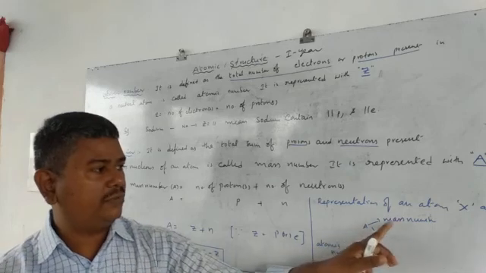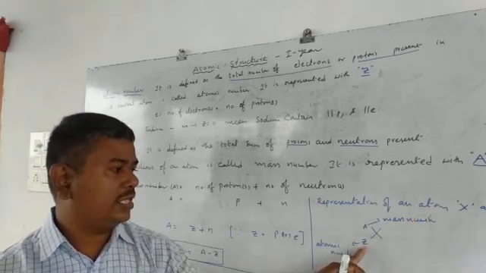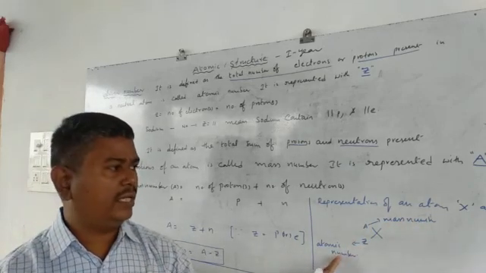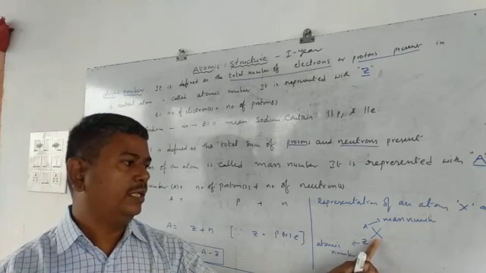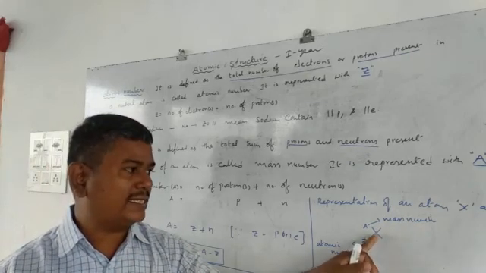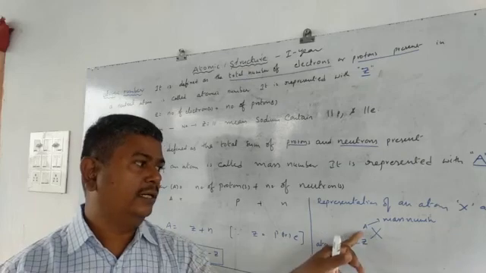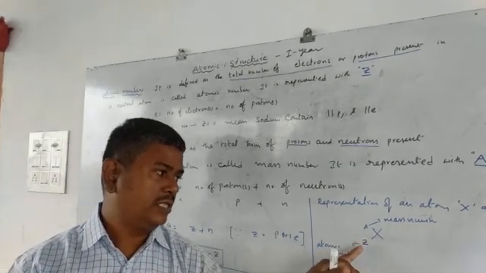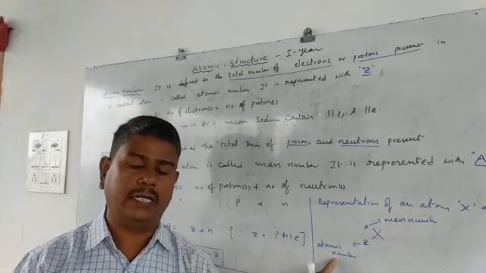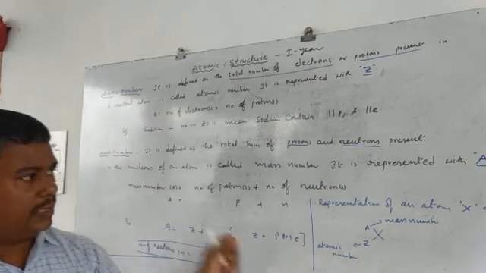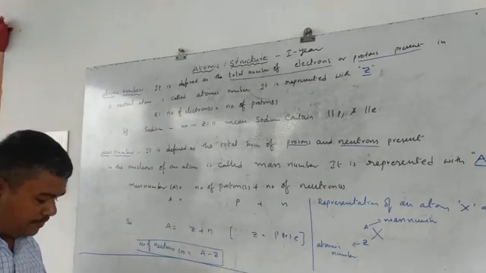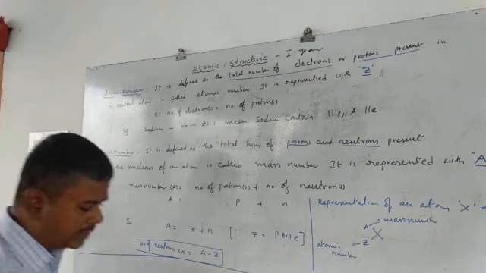A represents the mass number. Here Z represents the atomic number. So for any element or any atom, it can be represented as X with A and Z. A refers to mass number. Z refers to atomic number.